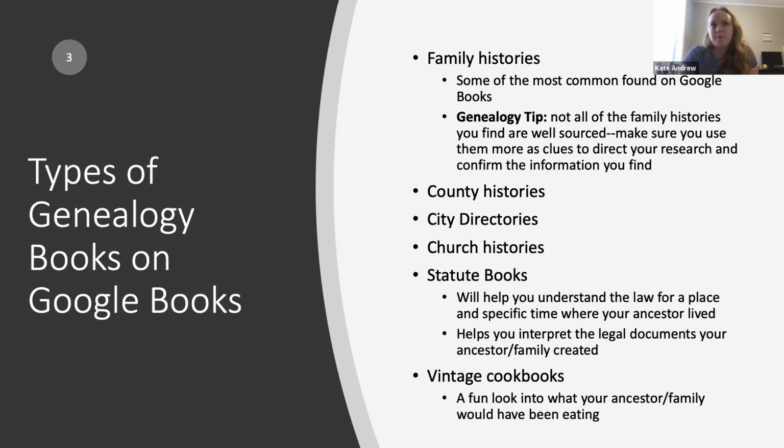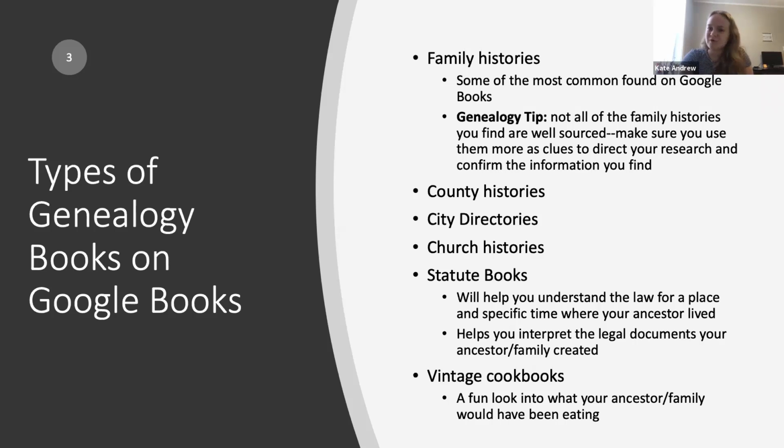And if you find information through other sources, then you can confirm the information in that book was correct. As with everything in genealogy, having more sources is always better than having no sources.